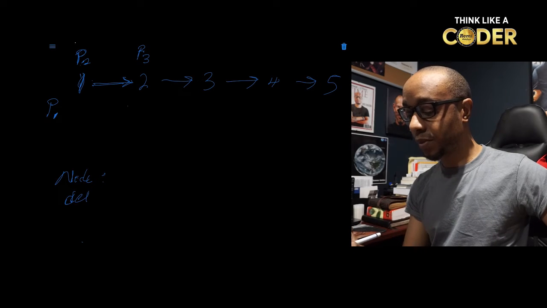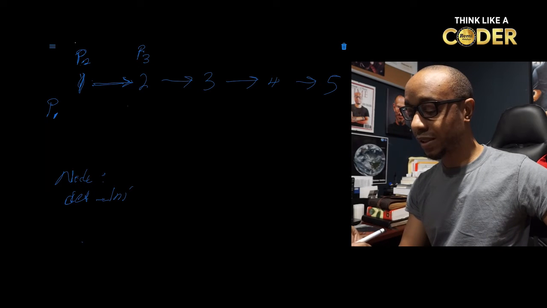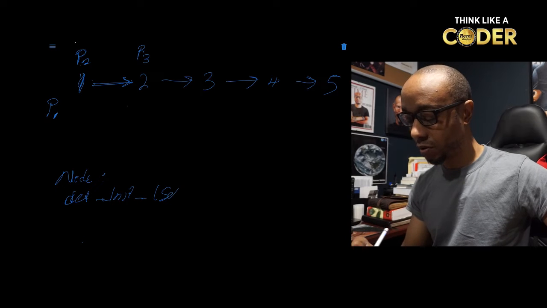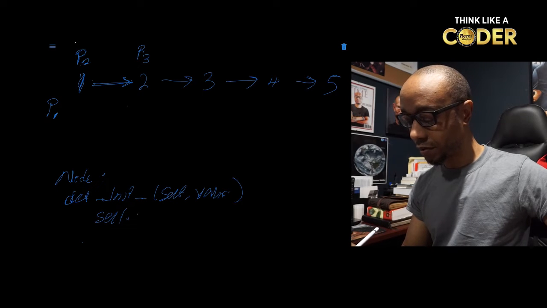Now, like I said, if it was a doubly linked list, we can always know what the previous node is, but how do we track the previous node in this case when all we have is a .next? So I'll just show you what a node looks like on a very high level. We have a node, and this is in Python. If we initialize this, what that means is we have a self and we have a value.